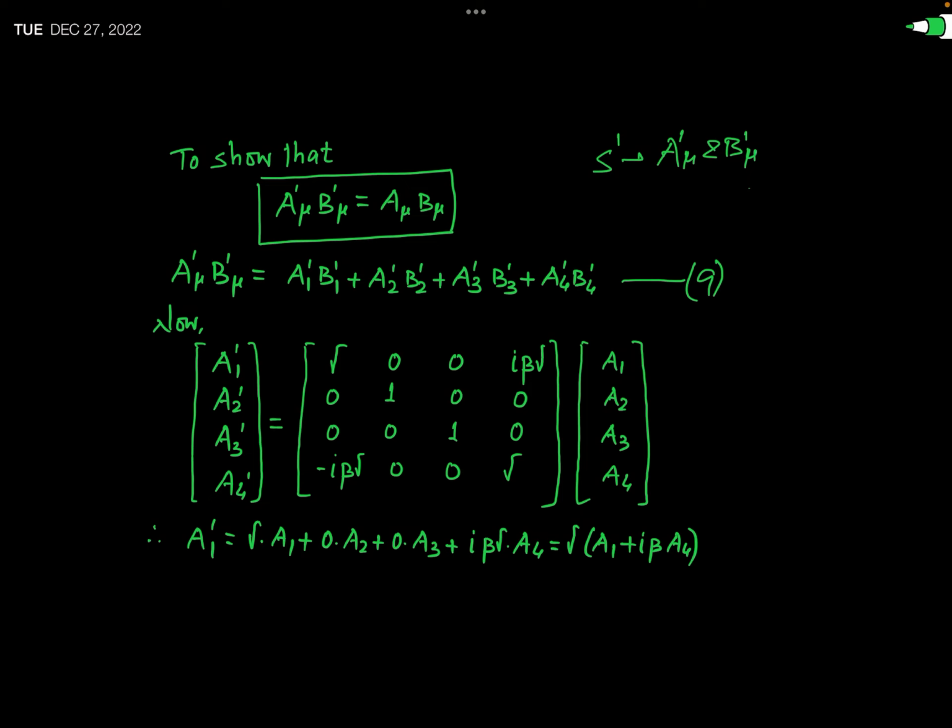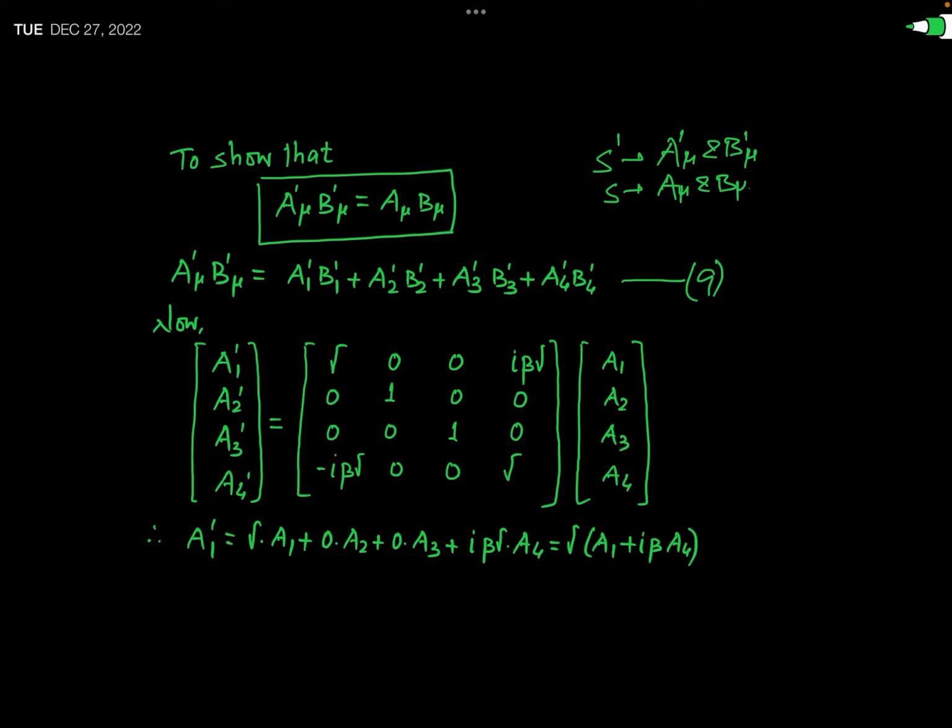Or you can say that A prime mu and B prime mu are the components of two 4 vectors in S prime frame, and at the same time in frame S, these vectors are A mu and B mu.